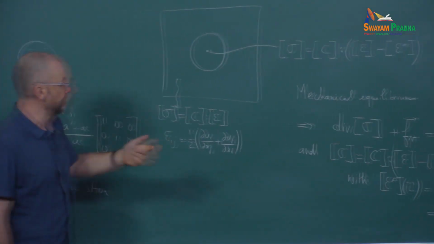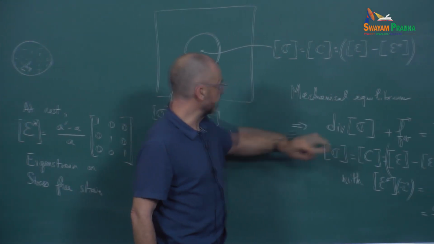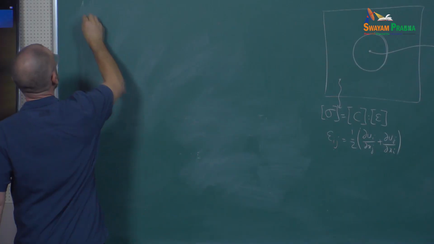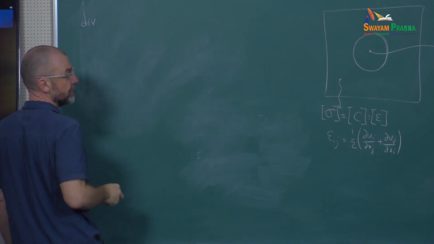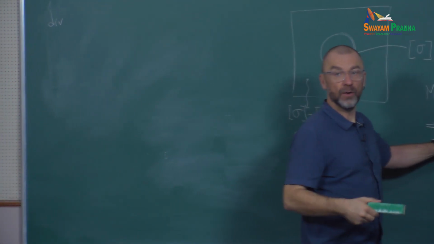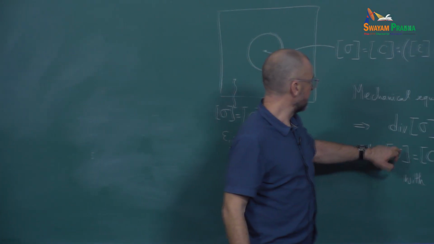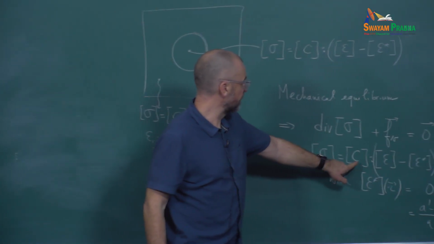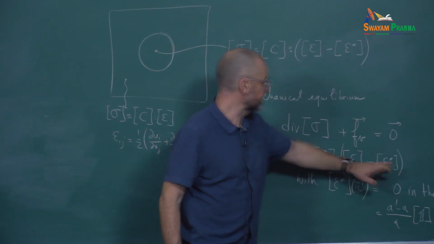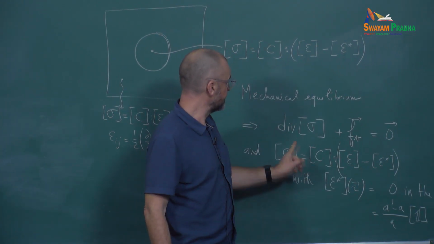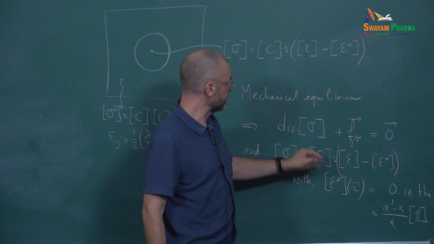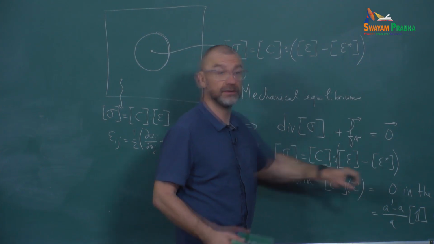Yes? I take that, and I put it in here. What happens? The divergence is a linear operator. So here I have the divergence of C epsilon minus C epsilon star. Using the linearity, this becomes divergence of C epsilon minus divergence of C epsilon star, right?